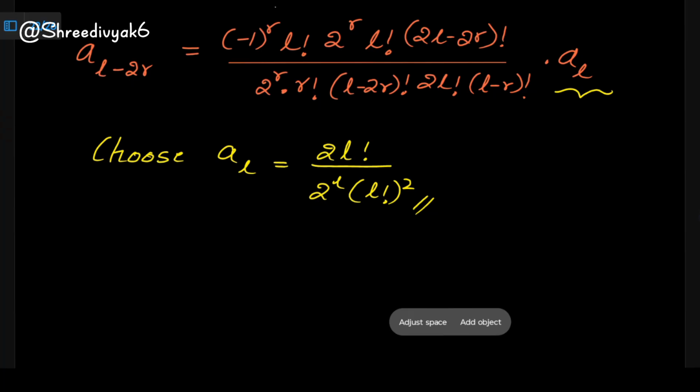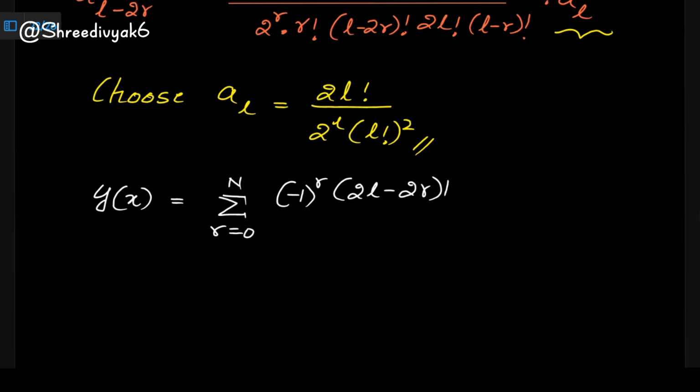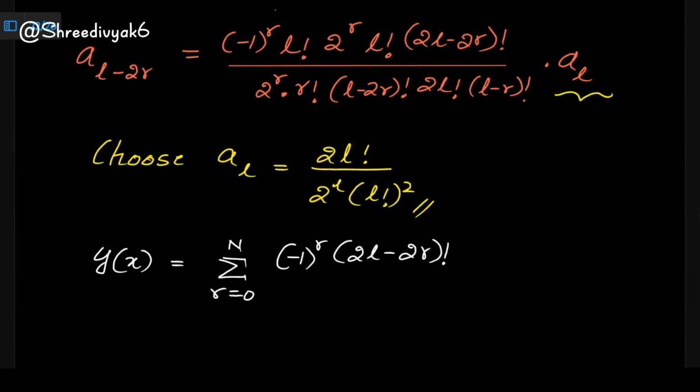Now I can write simply y of x, my solution, as summation r is equal to 0 to some n value, because it is a finite series, minus 1 raised to r into 2L minus 2r factorial, right?